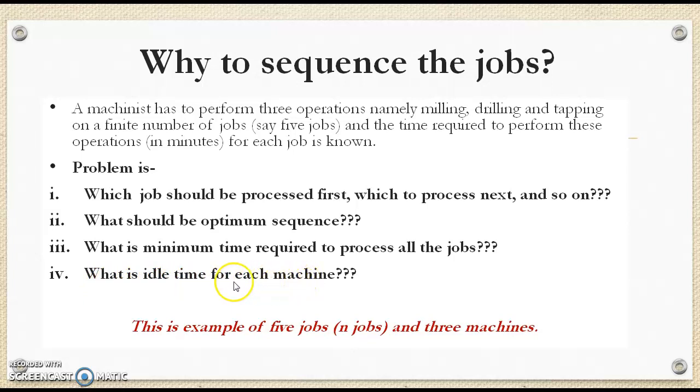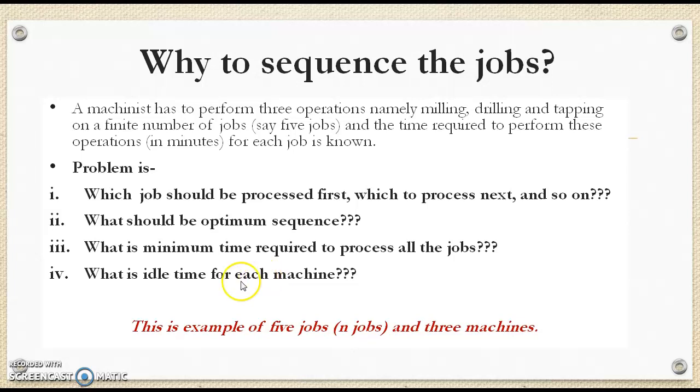At the end of the complete solution to the problem, we should know which machine is idle for what amount of time. So if we sequence the jobs, we will be able to find answers to all these questions.